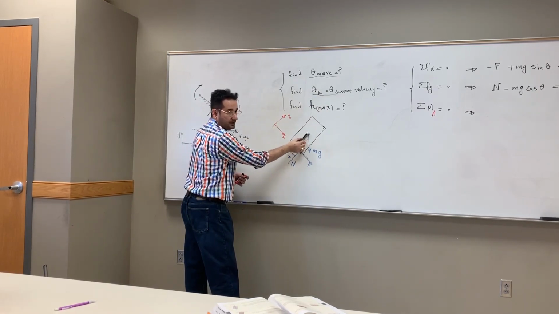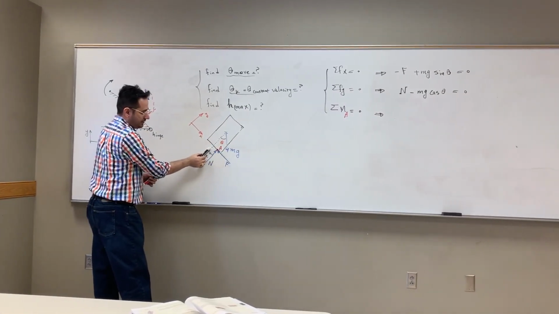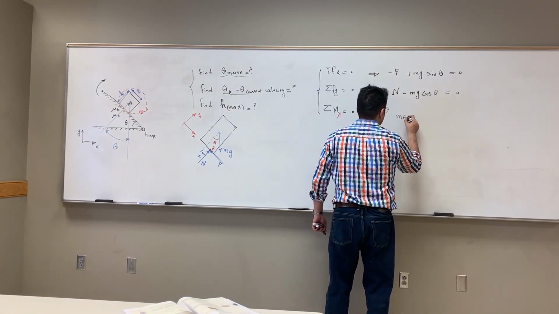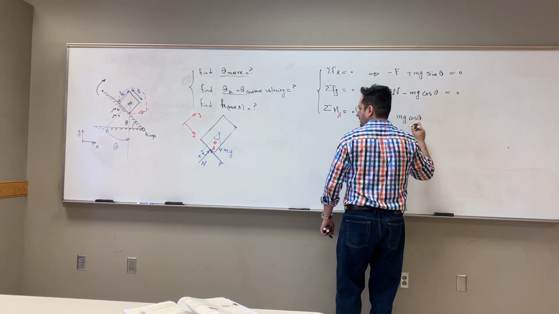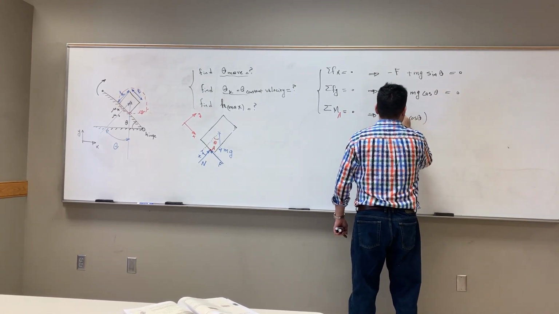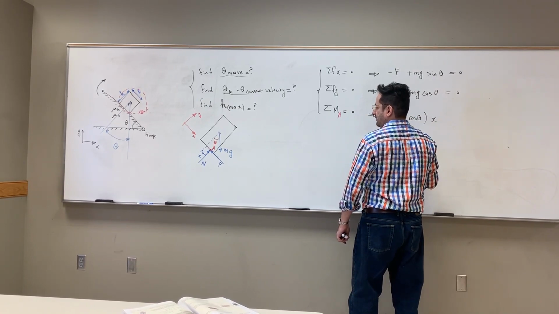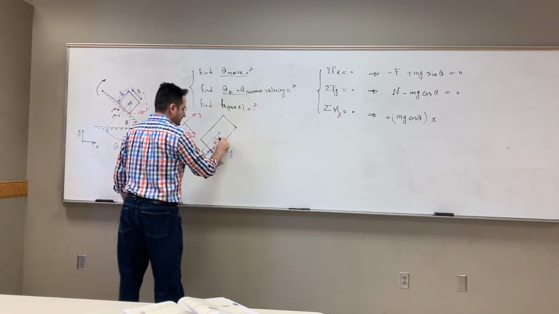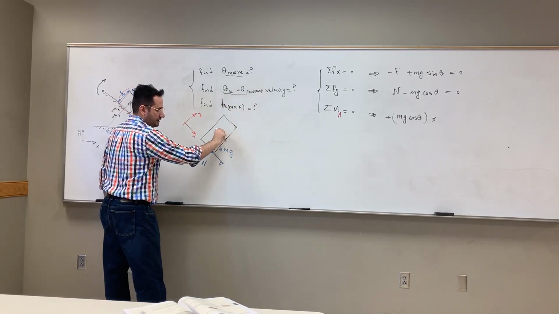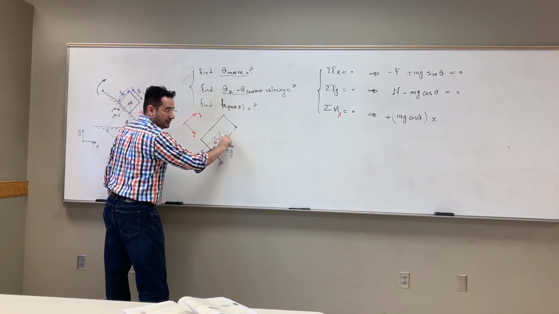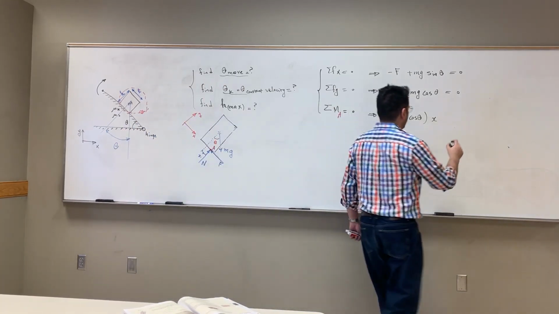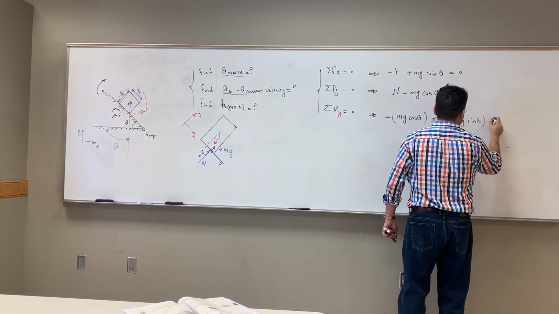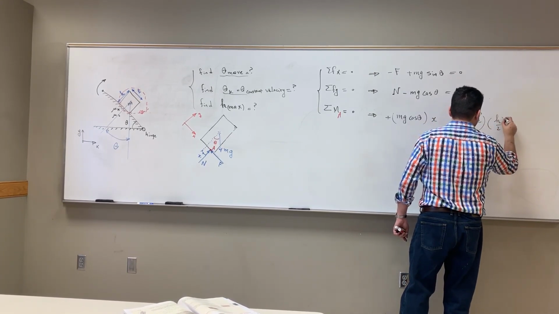Where should I move it? Down here. So the moment is mg cosine theta times x. Positive or negative? Positive. Now the other component, mg sine theta, where should I move it? This way, right? So mg sine theta times half the height, h over 2. Positive or negative?